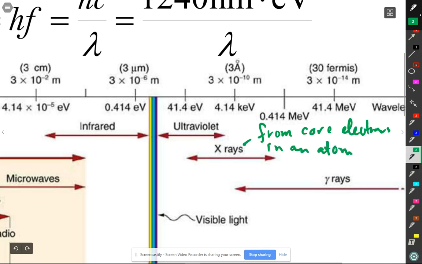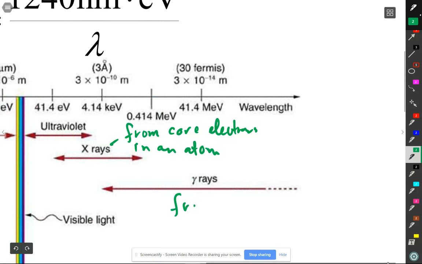Gamma rays are from the nucleus of an atom. So they come from different sources. So an X-ray and a gamma ray can have the same frequency, but they have a different name because they come from a different source.